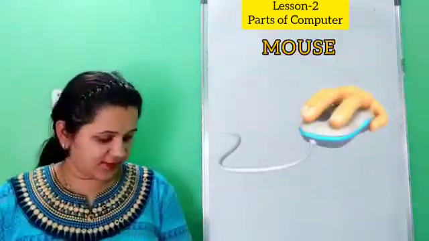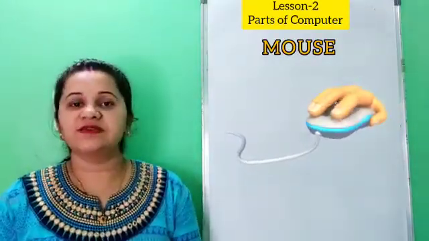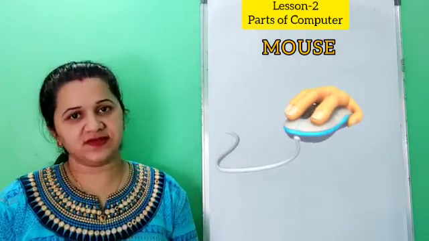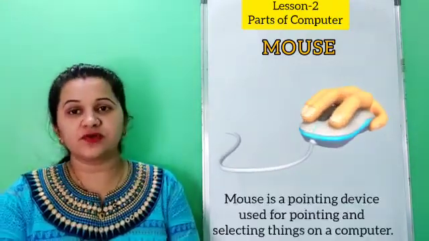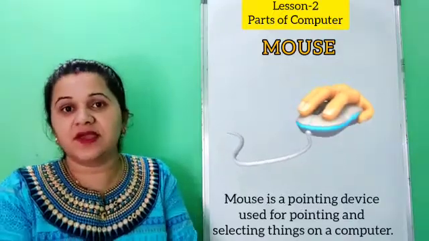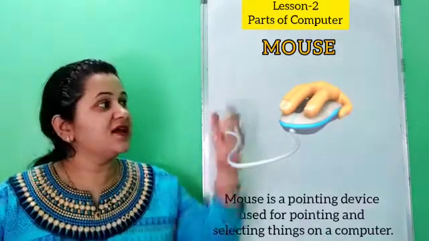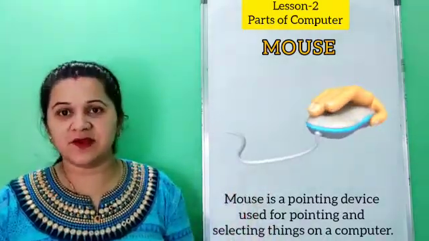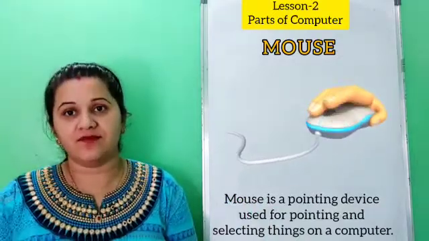Okay, now the next part of a computer is mouse. M-O-U-S-E, mouse. Now see children, mouse is also a very important part. If I want to point something on the screen, like there are many icons displayed on the screen, if I want to point them out, if I want to click on them, what would I require?